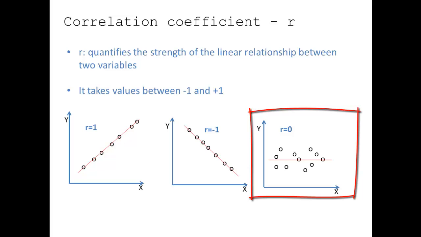So if we get values close to 0, then we may also say that the two variables appear independent of each other. And we'll develop our ideas of independence in sections on statistical inference and probability.